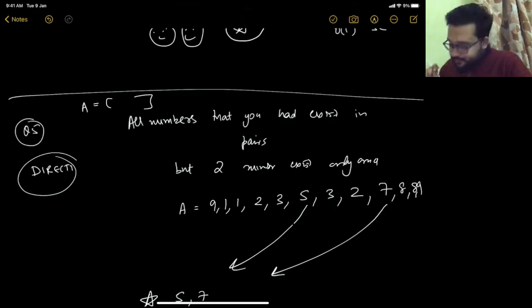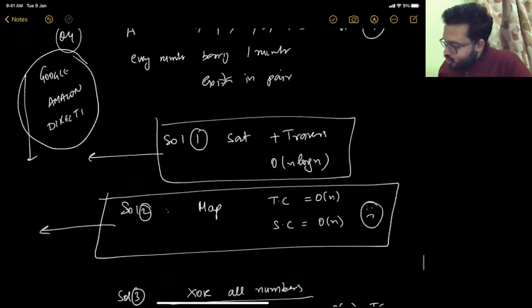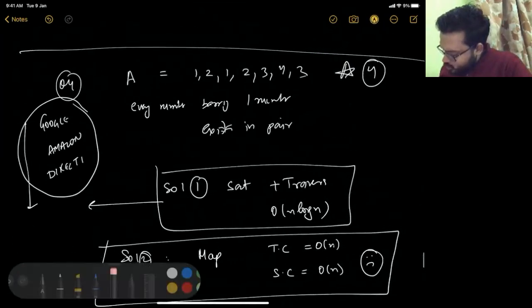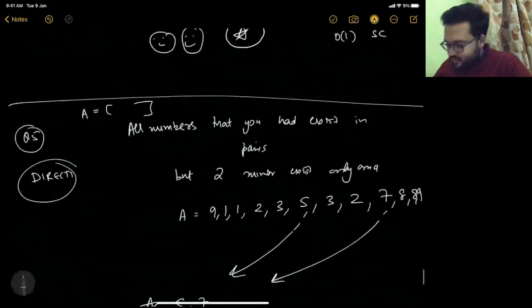This will take me order n log n time. This is one approach, but it is not that great because it is n log n time. The other approach, again, a hash map will work here, but the same problem, that your space complexity becomes order n, and that's not what I want.